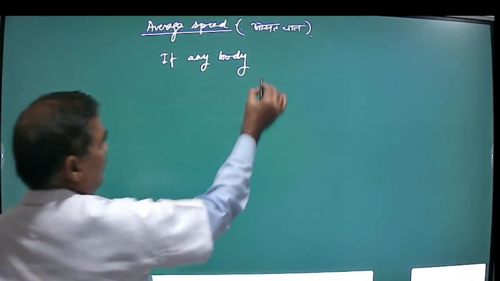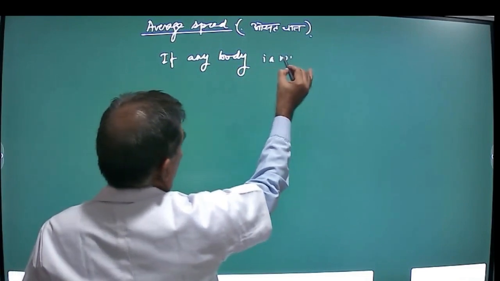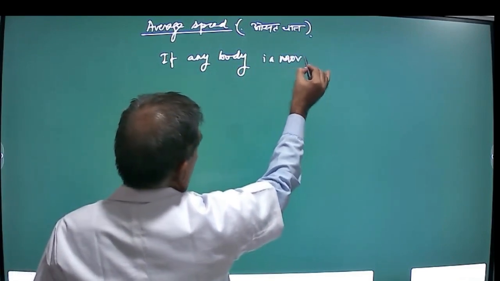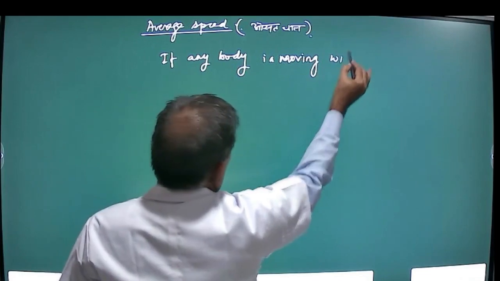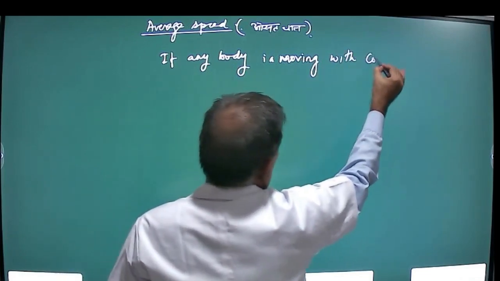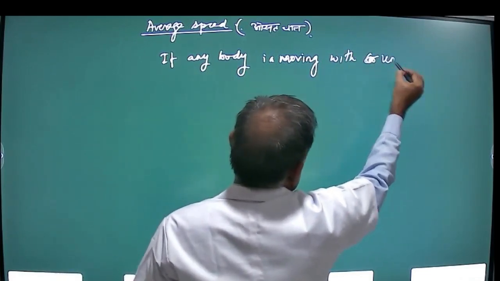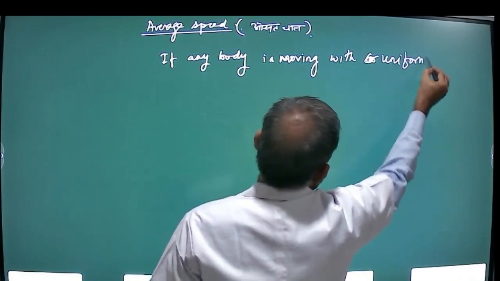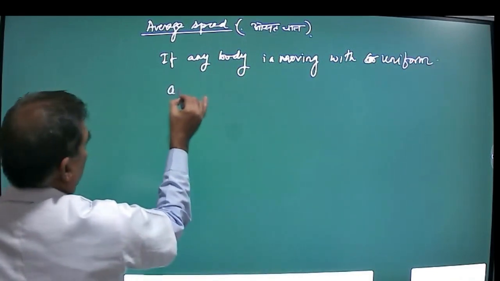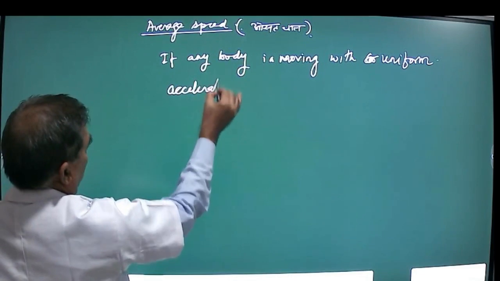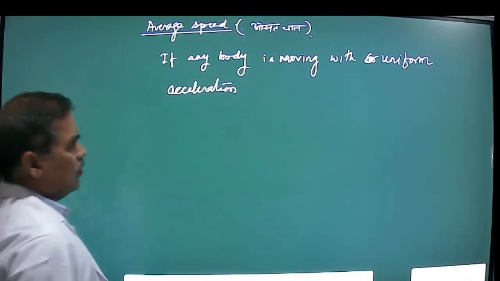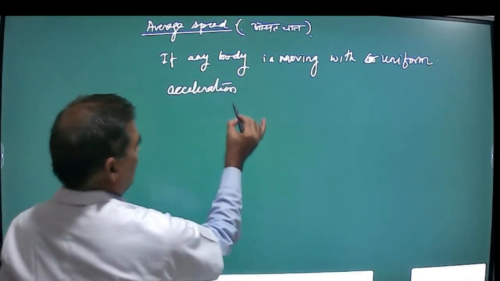If any body is moving with uniform acceleration, then the initial velocity may be Vi.